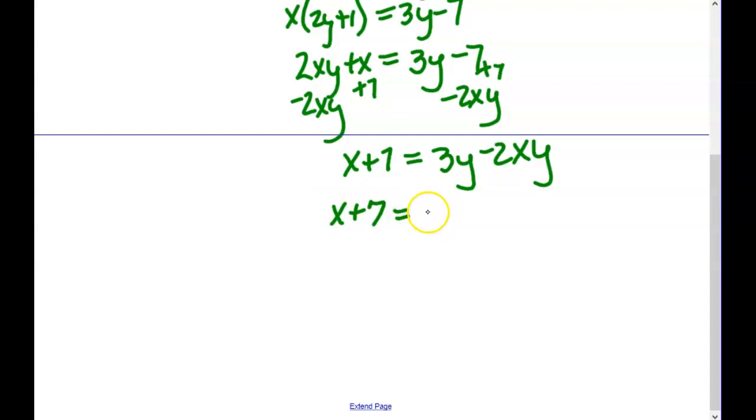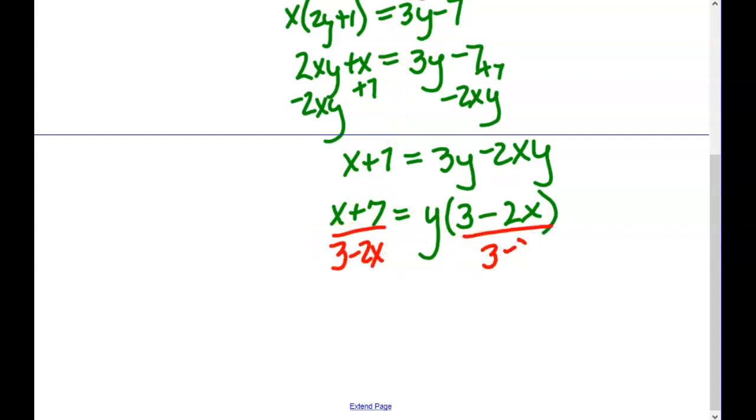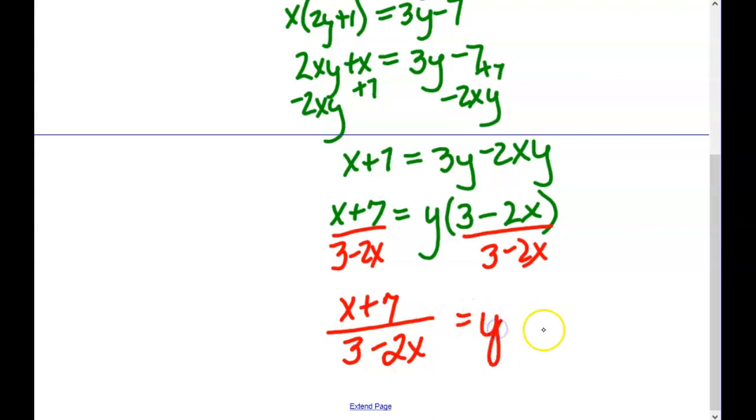If I take out a y, factor out a y, that was the whole goal of this. So I'm left with 3 minus 2x. And last thing then is just to divide both sides by that 3 minus 2x. And depending which way you moved, you might get the opposite of all those signs if you move things the other direction. Any questions?